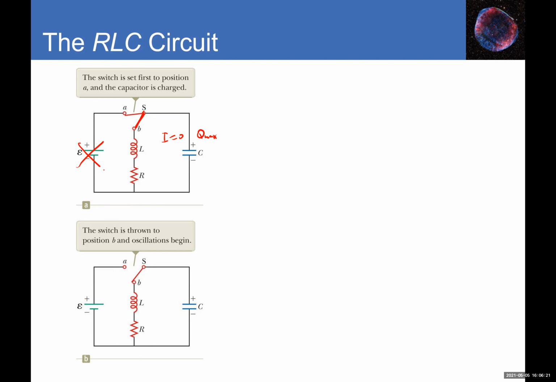That means the battery is completely taken away from the circuit. And then what I have now is capacitor, inductor, and resistor in series together, right? And the battery, since it's now disconnected, the capacitor is going to act like the source of energy, because at this point all the energy in the circuit is stored in the electric field of the capacitor.